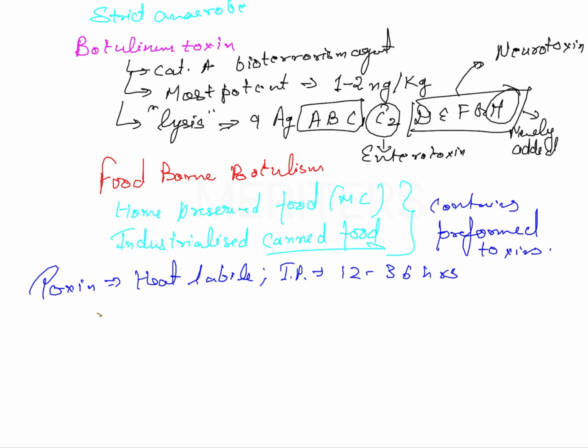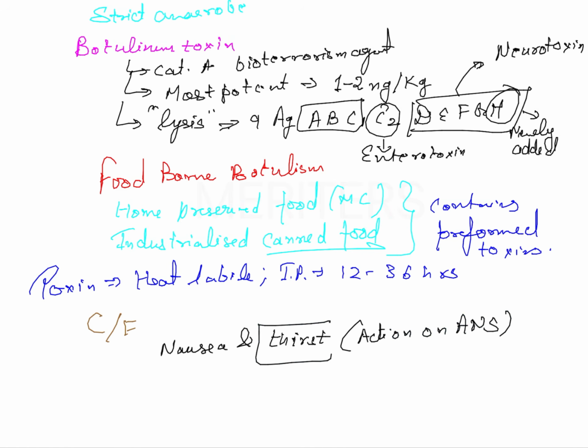And now we'll be discussing the clinical features of botulism, or food-borne botulism. So what will be the clinical features? The first and most common features are nausea and thirst, and this is the initial clinical feature, and that shows the action on the ANS, right?